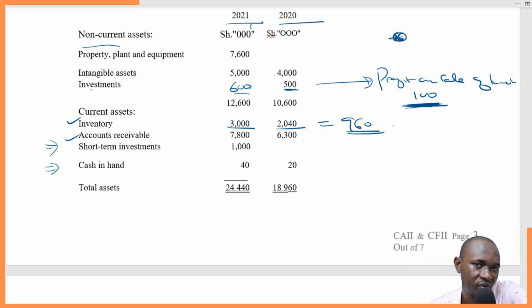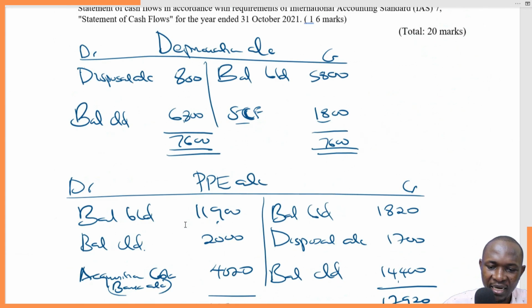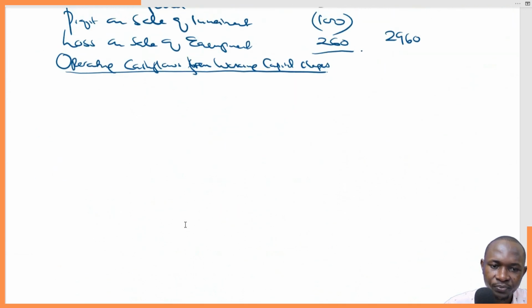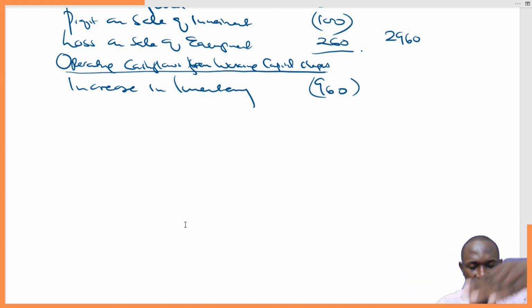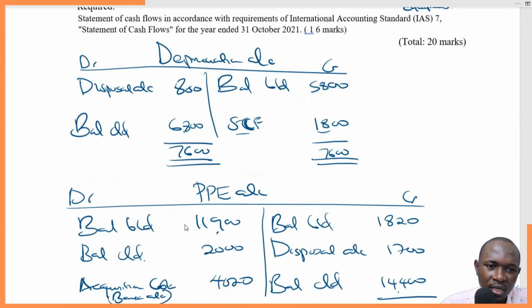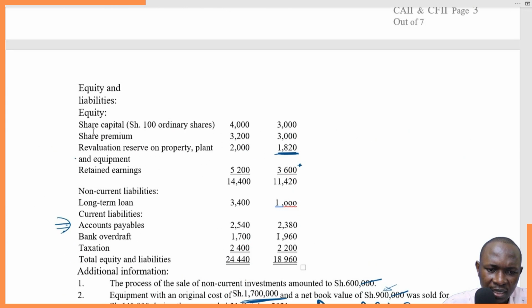Money went out of the business. So we simply come here and say that an increase in inventory, 960, and this is an outflow. The 960 in brackets shows it's an outflow. Money left the organization.